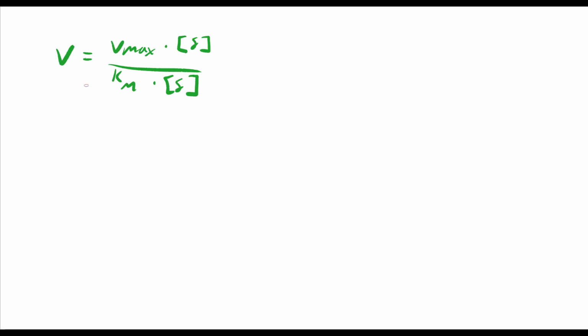But remember how Km essentially has the same units as S. So Km has the same units as the concentration of S. Km is just a concentration as well, so it's like molar or millimolar. Same thing for the substrate. Essentially, because they have the same concentration, we can do something weird.